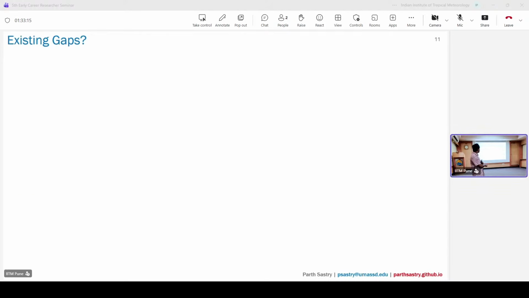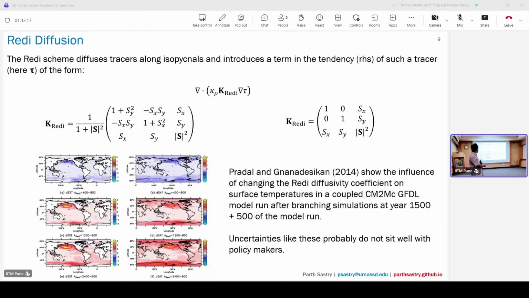So you think the value which was changed from 400 to 2400 is this one? Yeah, exactly this one. So do you think the models are getting the coefficient this much wrong, changed by 6 times? I don't think the models are this wrong. The most modern climate models typically tend to use much more constrained diffusivities than this sort of thing.